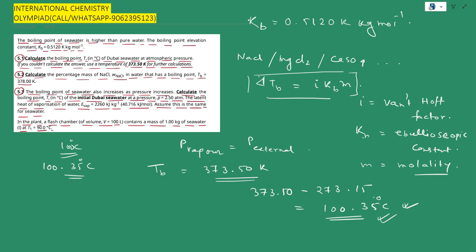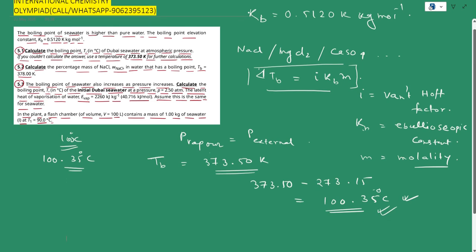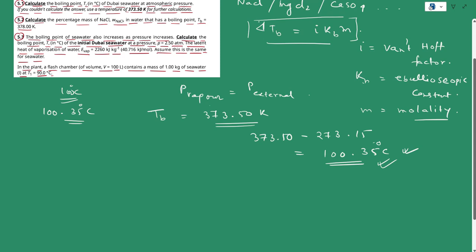Now come to question number 5.2. Percentage mass of the NaCl. Now this is the fun detective section, you can say. We know that delta Tb is 373.50 minus 373.15.